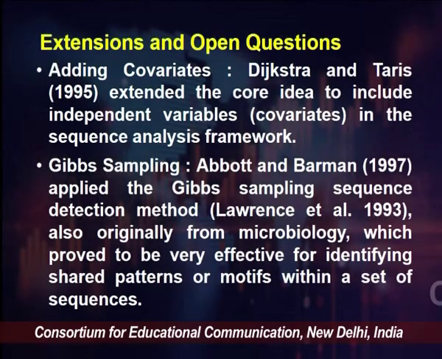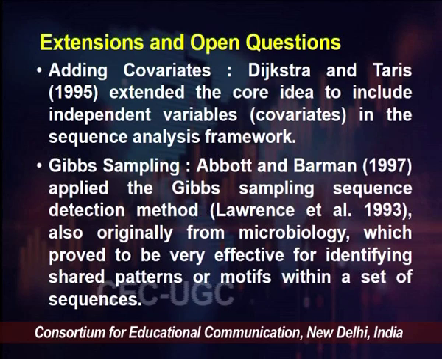Now, when we can use these methods, there is also the question of extensions and open questions, such as adding covariates. Dijkstra and Taris 1995 extended the idea to include independent variables or covariates in the sequence analysis framework. Gibbs sampling is another technique.